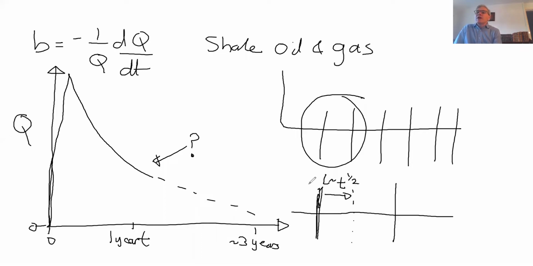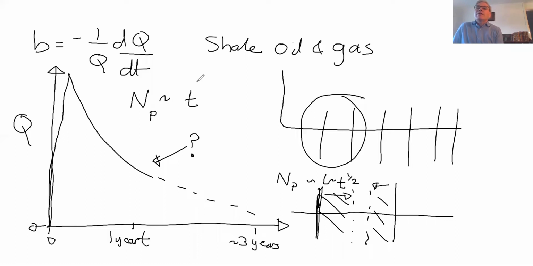That is also proportional to the cumulative recovery, MP, because this zone here is a low pressure zone that essentially diffuses out into the material. So that's what we're looking at when we look at fractured reservoirs. And so MP, the cumulative production, roughly speaking, scales as t to the half.